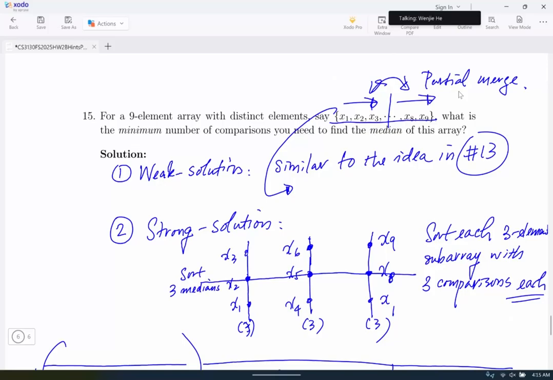When you sort, you can assume this is the order, without loss of generality. And this is the median of these 3 medians, x5.